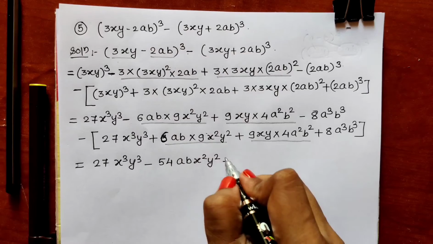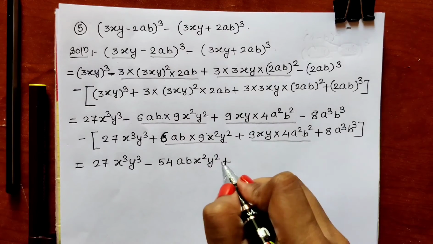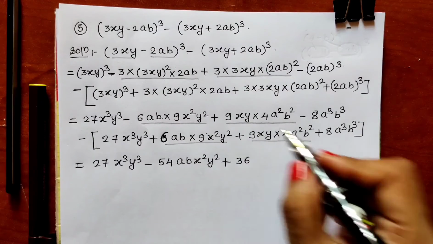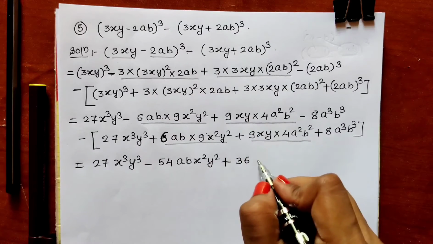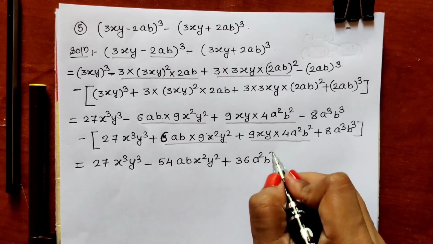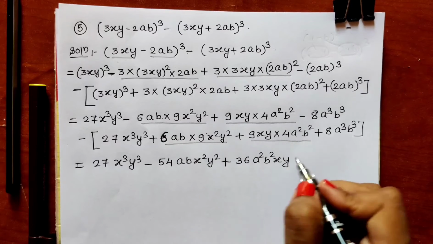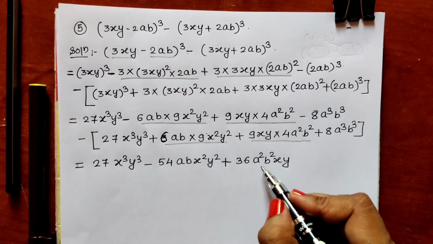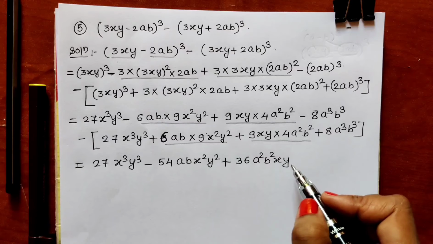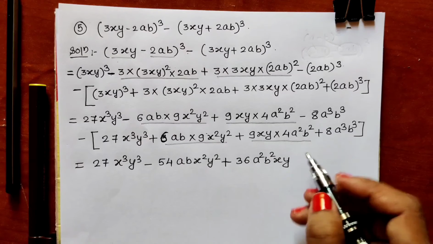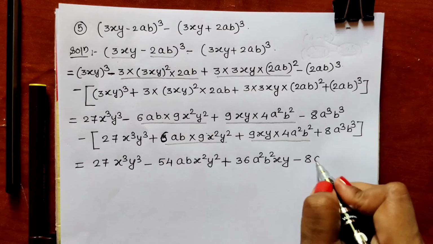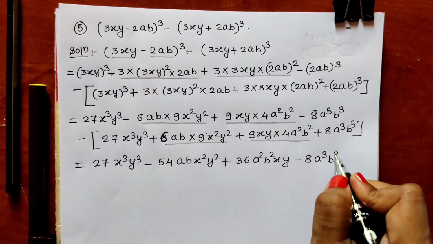Plus 9 4s are 36, x y a square b square. So in this x y a square b square we will be writing a square b square first, and after that we will be writing x y, because in alphabet a b comes first and x y comes afterwards. That's why a square b square x y minus 8a cube b cube we have to write as it is.